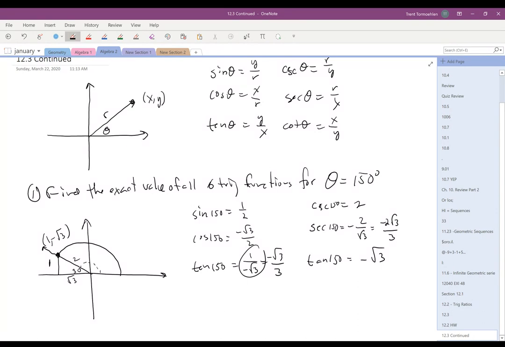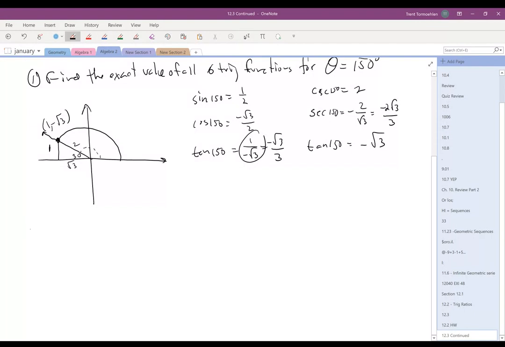All right, so another one is going to be find the exact value when theta equals negative 135 degrees. So again, draw your coordinate grid. Negative 135 comes this direction, and it's going to be that, where this is going to be a 45 degree angle, right? 90 plus 45 is 135, so that means my reference angle, the angle with the horizontal that's acute, is going to be 45 degrees.